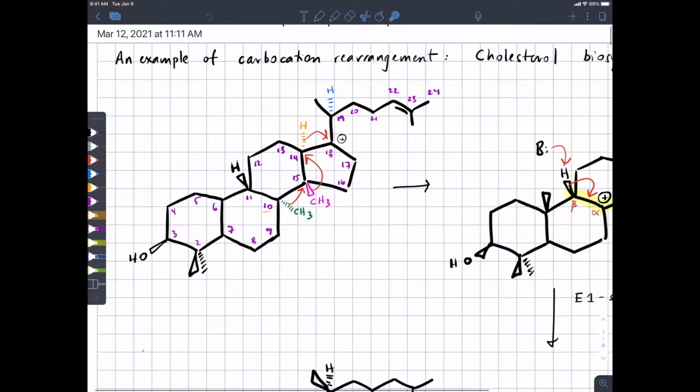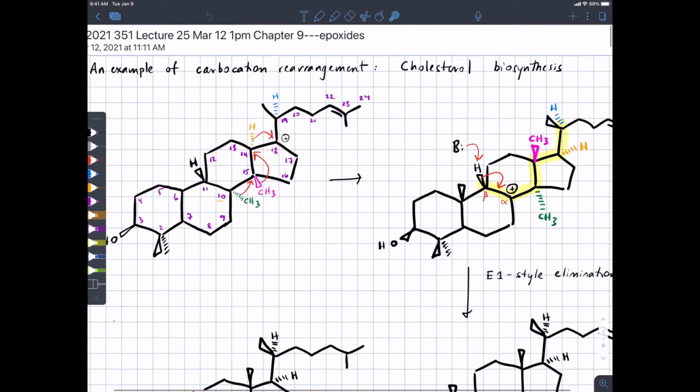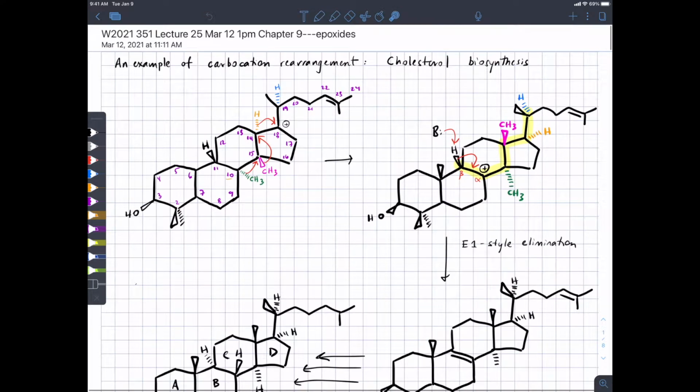So some folks in the first hour asked, well, why does the positive charge stop here? Why don't we continue doing rearrangements that would continue to trade one tertiary carbocation for another? The answer is, I don't know. Some people sort of hand wave and say, well, the enzyme makes it be that way. There's some, I think, computational evidence that this is the lower energy option of the available other options.